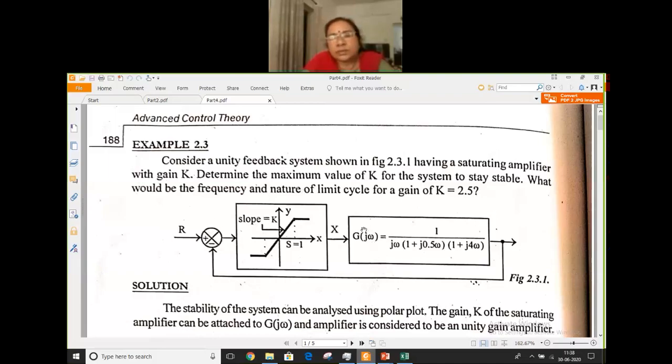The forward path gain is given to you. Here a non-linearity is introduced. What sort of non-linearity is introduced? A saturation non-linearity. So we should know the describing function of the saturation non-linearity to do this problem. For that we will go for the derivation.